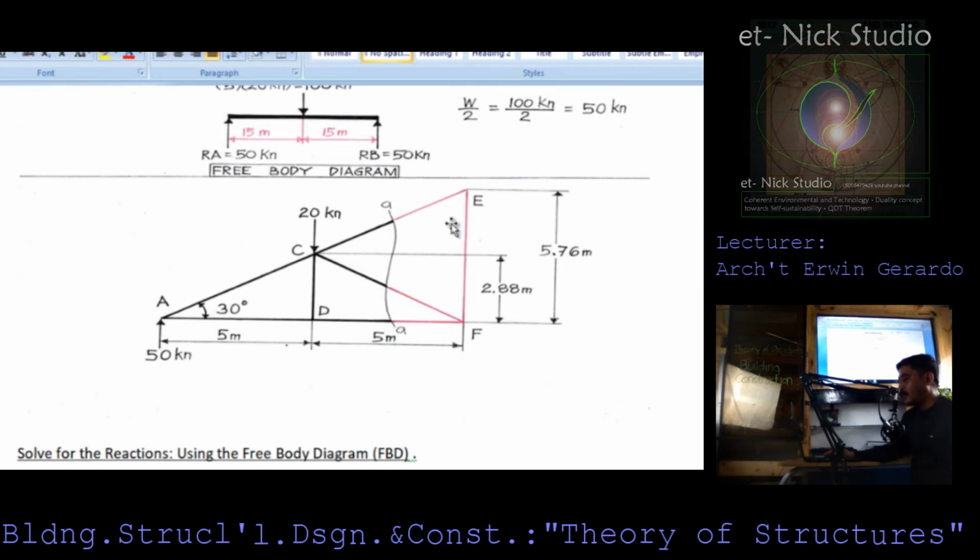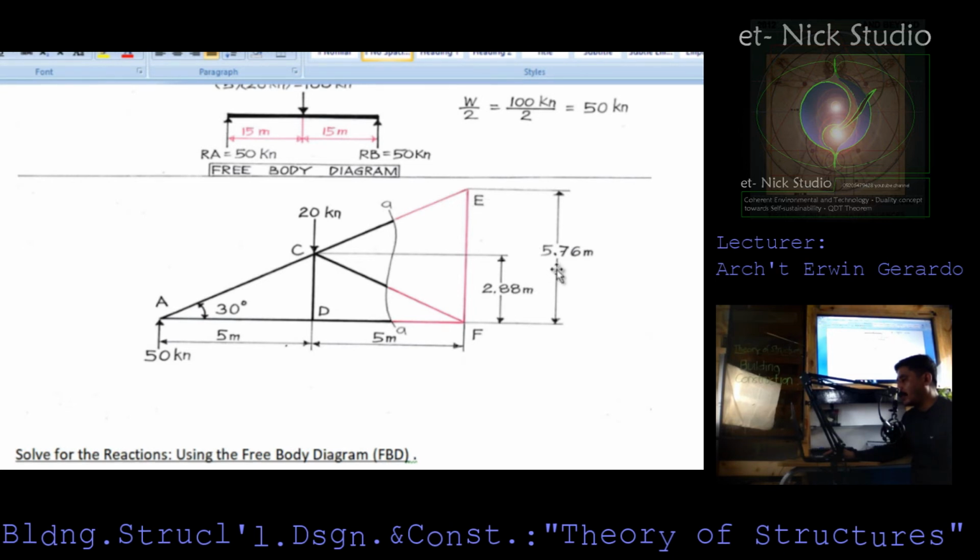So here we need to benchmark it at F. So the benchmark here, if we're going to look at the members C and F, we need to understand how much is the distance from this span till it reaches the base and up to the highest portion of the truss, which is equivalent to 5.76.